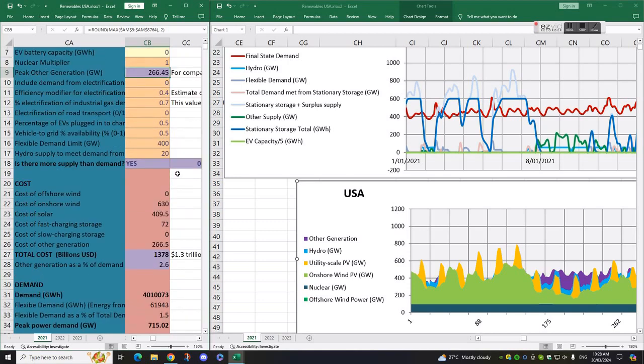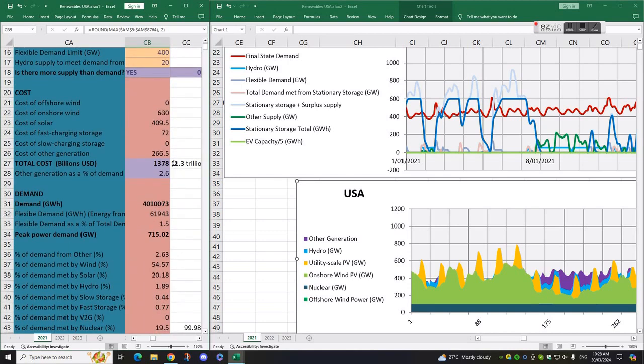But just for the sake of the spreadsheet, I'm saying that we're building it all from scratch. So it costs $266 billion to build, and eventually you get a total cost down here, $1.378 trillion, or 1,378 billion US dollars. So the idea is to minimize this number.